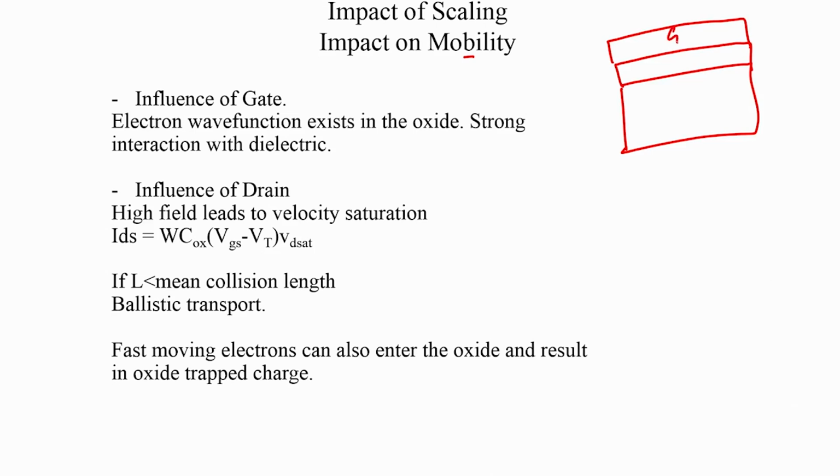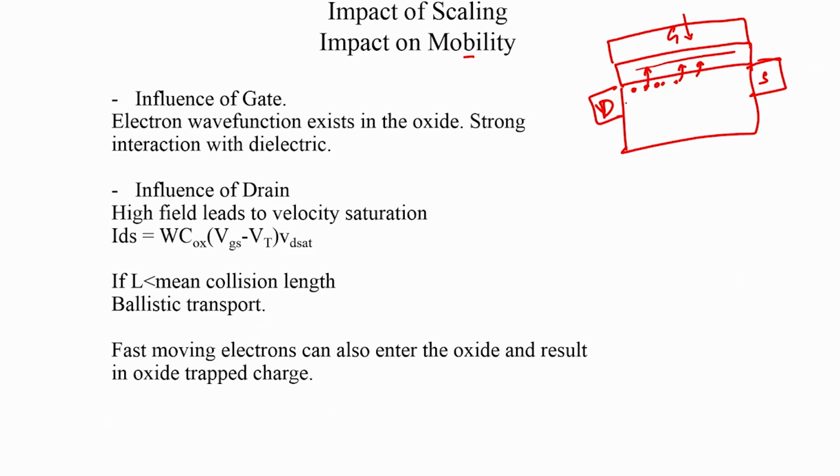You have the gate and then you have the source and drain voltages. Now, if the gate voltage is increased, you increase the interaction of these electrons with the insulator, and this becomes particularly strong when the insulator thickness is reduced during scaling.